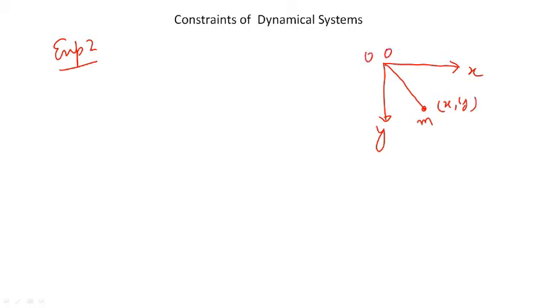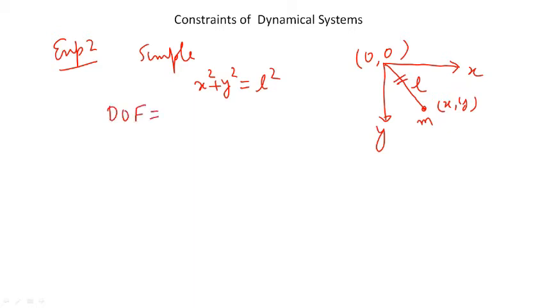This is your origin, and the length of the string is L, and that is constant. So for the simple pendulum, your condition will be x square plus y square is equal to L square. Again you can write it in equation form. So here you also know from the earlier examples that the degree of freedom in this case is also 1.